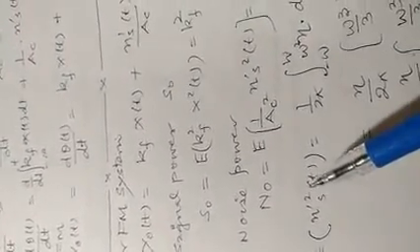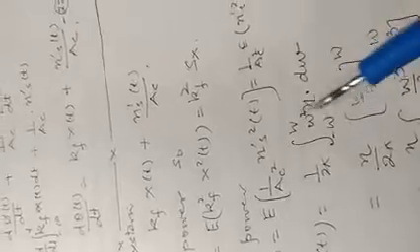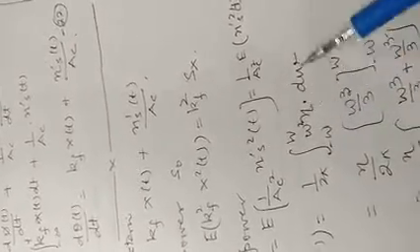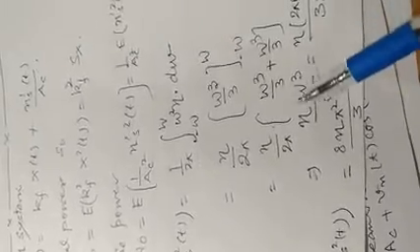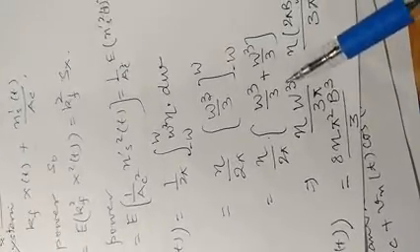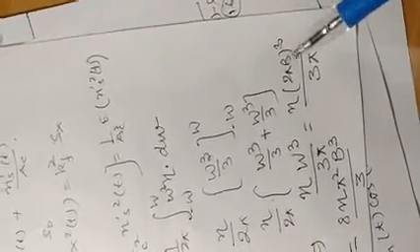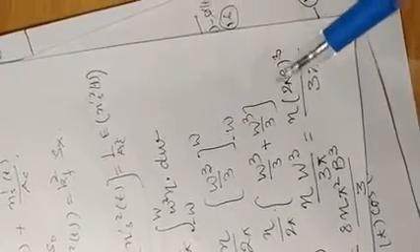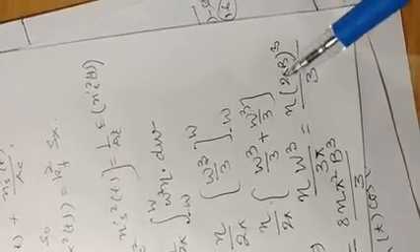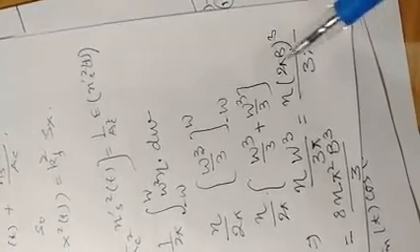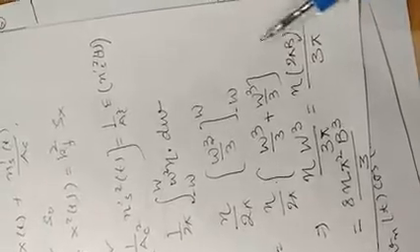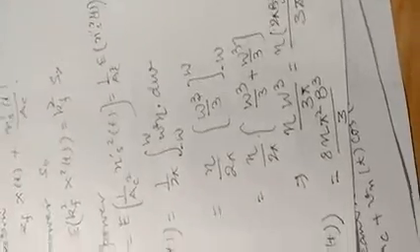This is expectation of n dash s square of t is equal to 1 by 2π, integral from minus W to W of omega square eta d omega, and if we solve it we can get eta W cube divided by 3π. And if we write W is equal to 2πB, where B is the modulation signal frequency, this becomes the formula for the noise power.